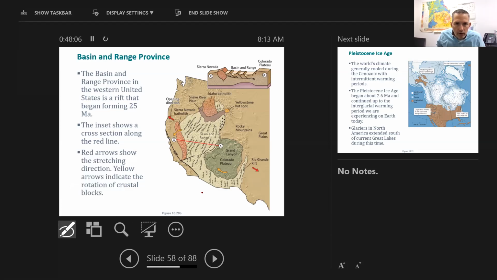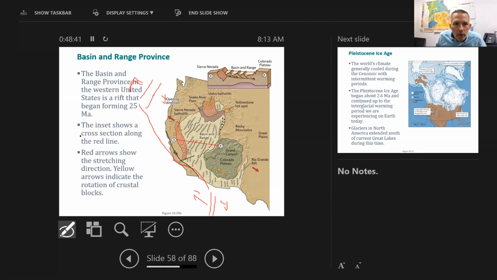So down here in the southwest part of the United States, we've got a divergence, pulling this rock apart, and the mid-ocean ridge picks up over here. It's causing this material to move in this direction, this material to move in this direction, and in between the two is that San Andreas Fault.